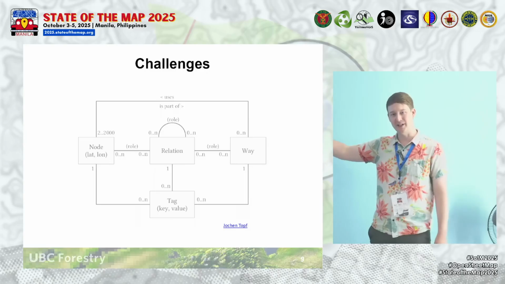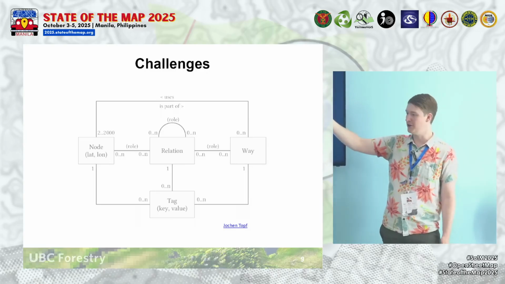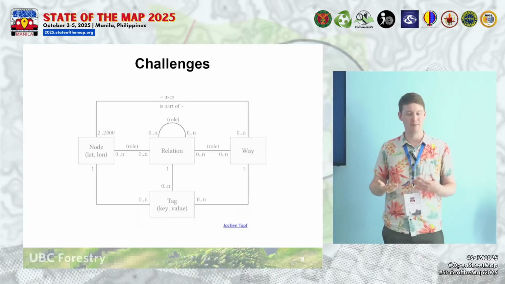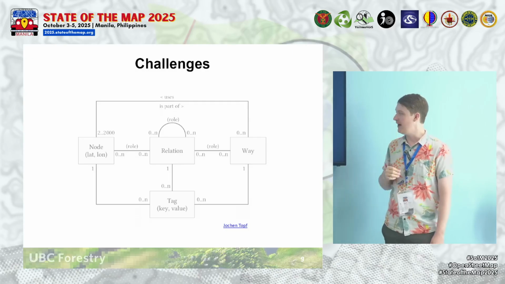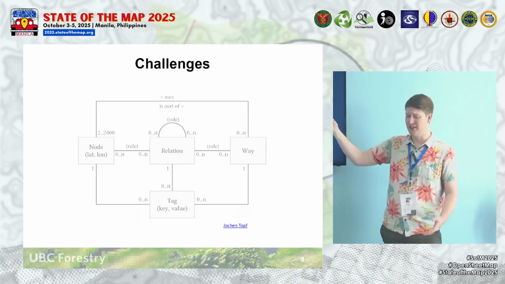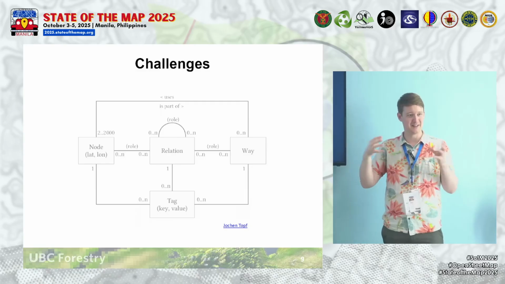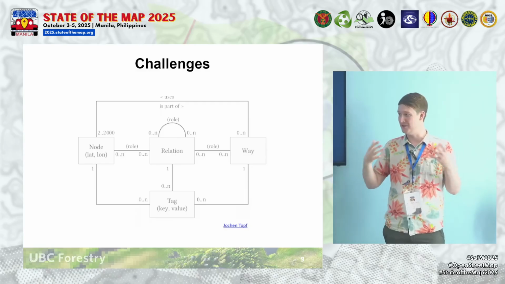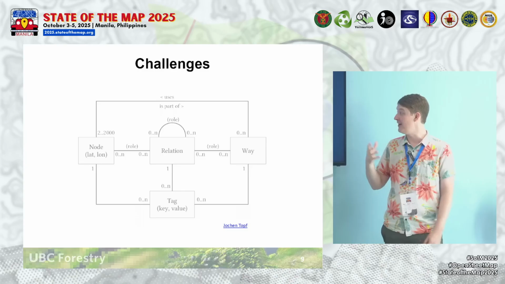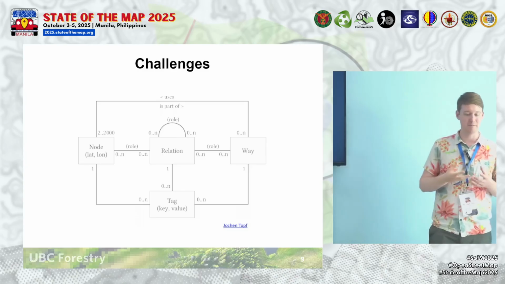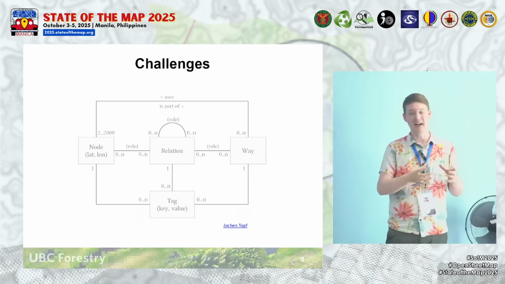Notably, there are constraints in here, like there can only be up to 2,000 nodes that describe a way. This is kind of a weird thing. And then there's this relation thing in the middle that connects some things, and some things can belong to relations, but not always, right? This is also a weird thing. And then there's no native polygon as a data type in OpenStreetMap.